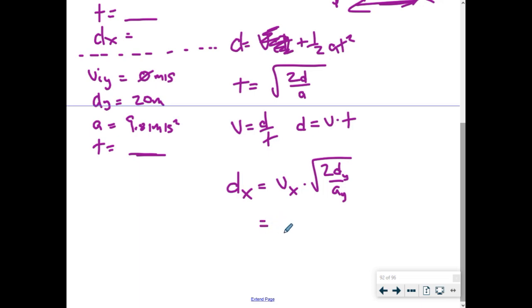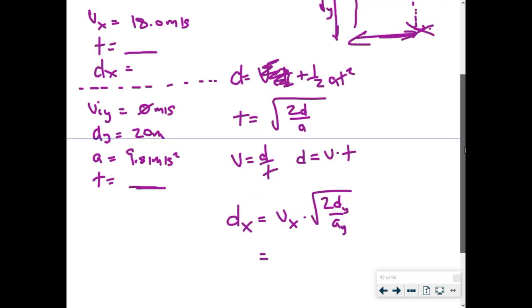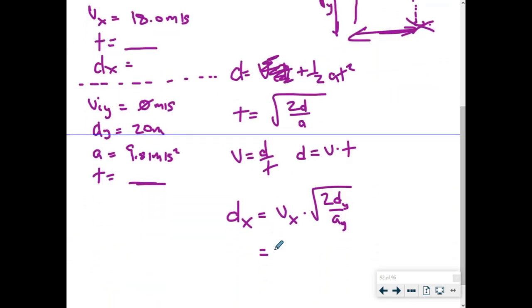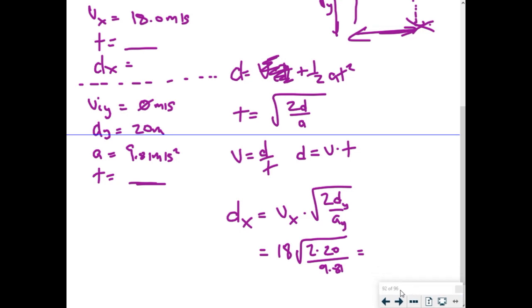The velocity in the x direction was, what did we say it was? It was 18 meters per second. Then we take the square root of 2 times the 20-meter cliff, divided by 9.81. And this will tell us how much distance away from the cliff this landed.